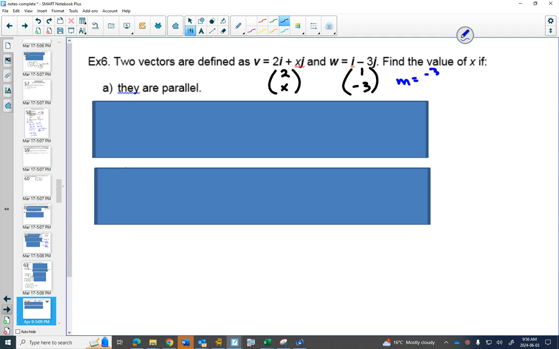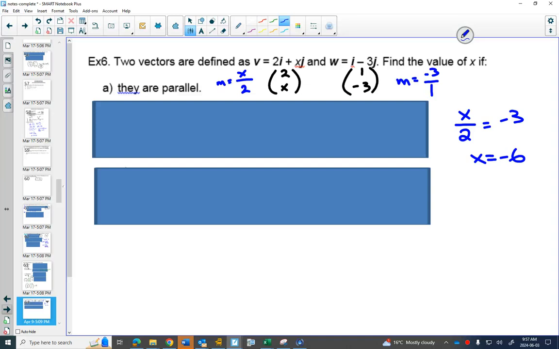Here, the slope of this one is -3/1. This one has a slope of x/2. You want them to be the same. Can you see if those slopes are the same, what would x have to be? You could even make the equation, right? x/2 equals -3. You could solve that and get x equals -6. So that's method 1 for this one.